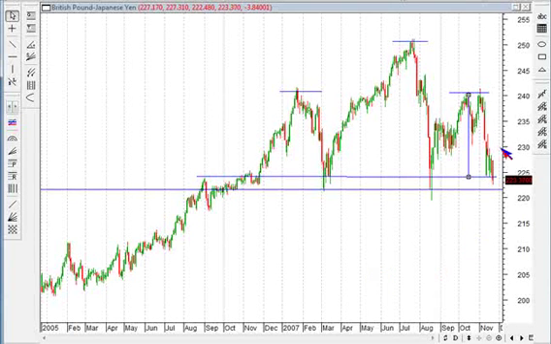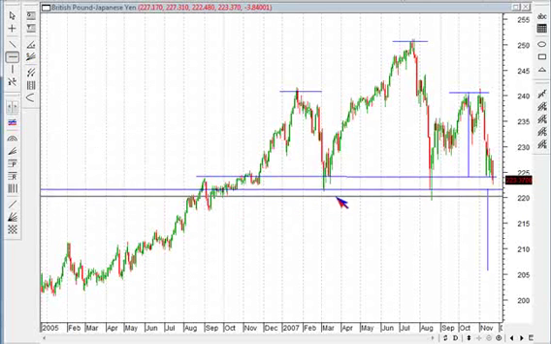So the first price projection based on that line, I'm going to put it below this range here. If the pound yen does break down below this level, there's an excellent opportunity to set an entry price right here at about 220.